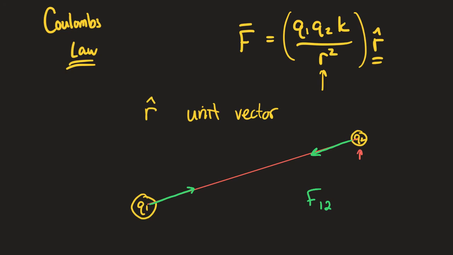It's the point of reference. So the arrow from particle 1 to particle 2 is in this direction. So r hat is a unit vector that is in that direction. It goes from particle 2 to particle 1.